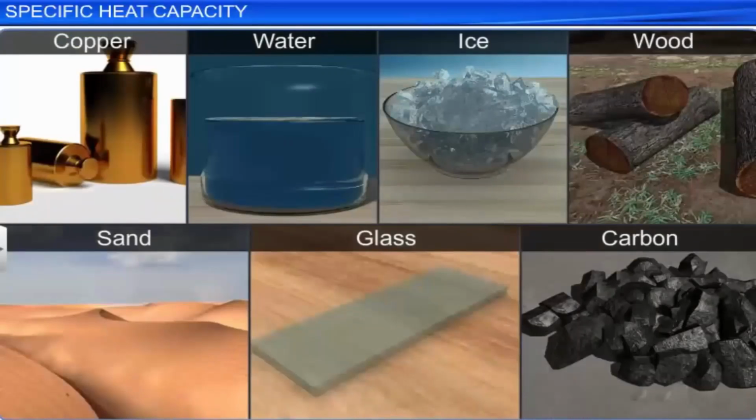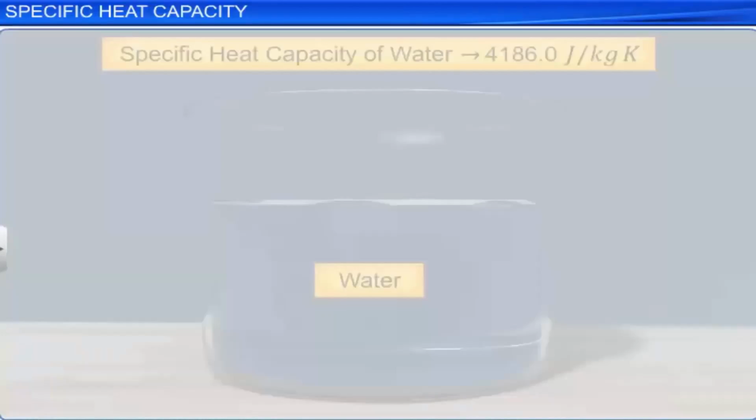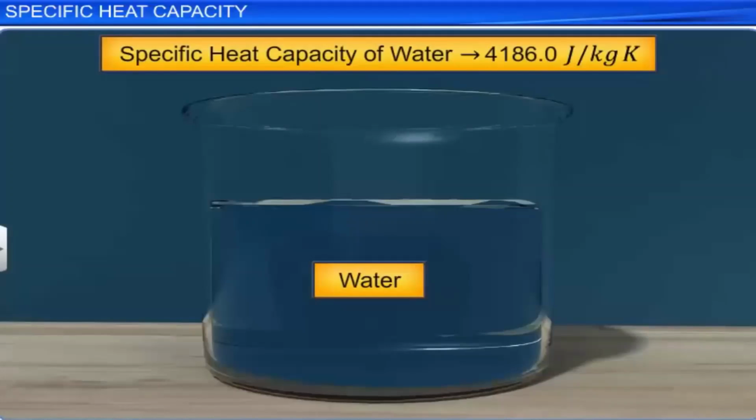Specific heat capacity depends on the nature of the substance. Different materials have different specific heat capacity values as shown in the table. The specific heat capacity of water is 4,186 joules per kilogram Kelvin.